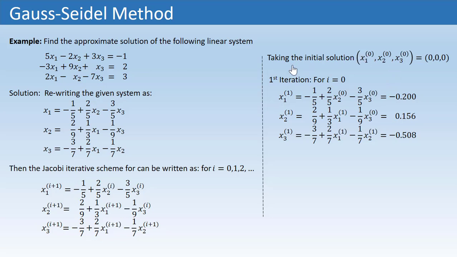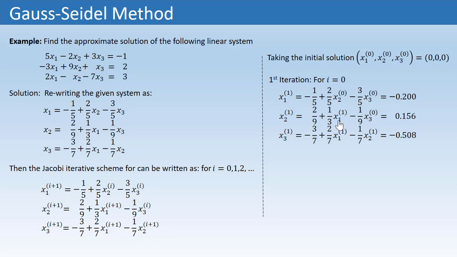If we assume that the initial solution is 0, 0, 0, then x1 can be computed as minus 0.200. To calculate x2 we need the initial solution of x3, which is equal to 0, and the first approximate solution of x1 which we just found in the first equation, which is equal to minus 0.2.